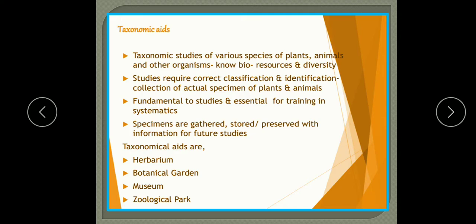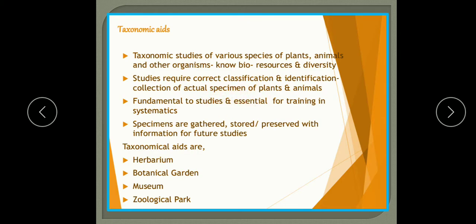These methods, tools or techniques are known as the taxonomic aids. They are required for the study of various species of plants, animals and other organisms, and they are taken from the known bioresources. For the study of these plants and animals, we require their correct classification and identification, and collection of the actual specimen is needed.